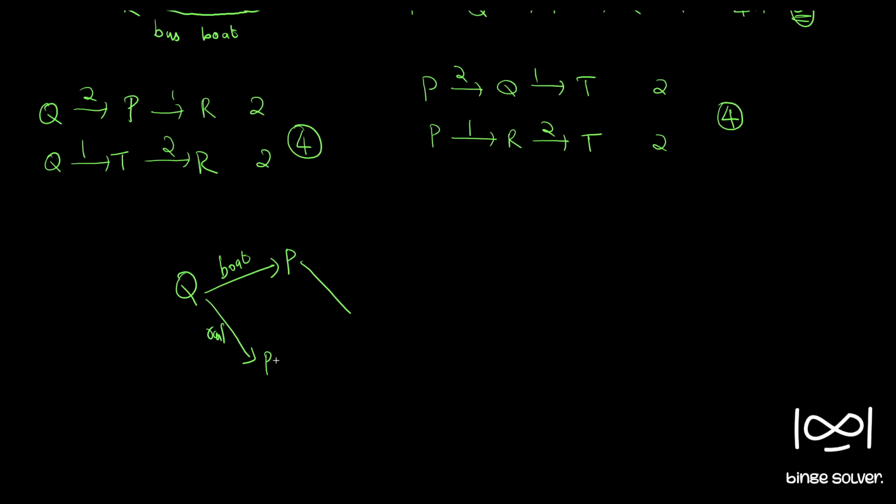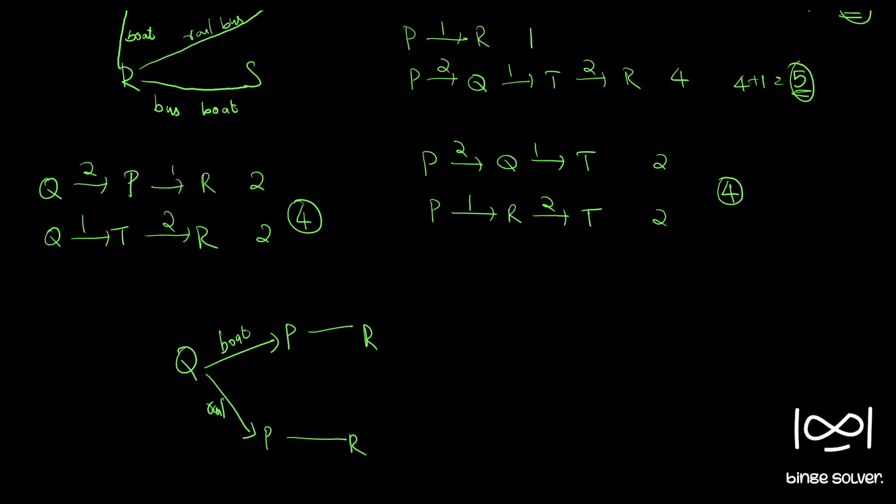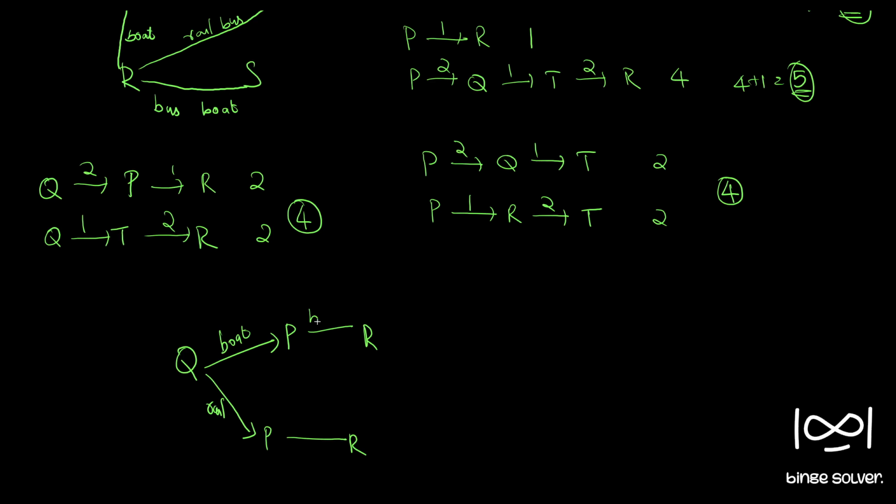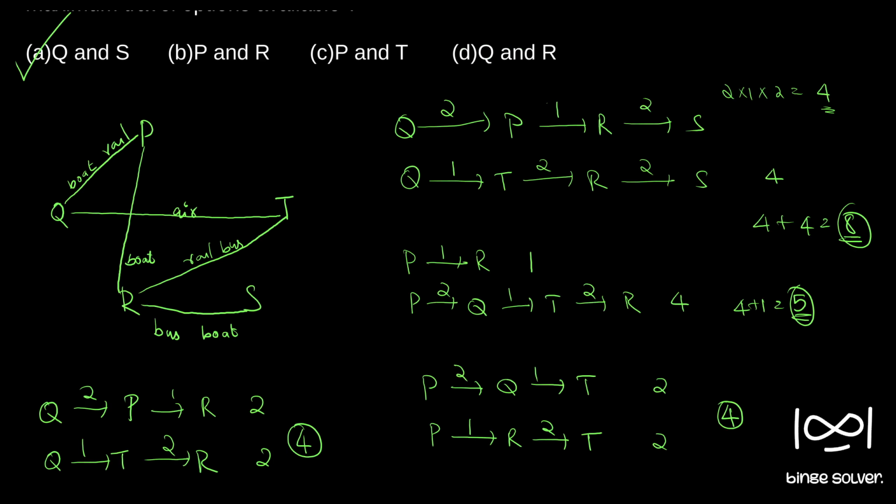So here R, same here R, P to R, we have boat as the mode of transport. Now from R to S, further two possible modes of transport are there.